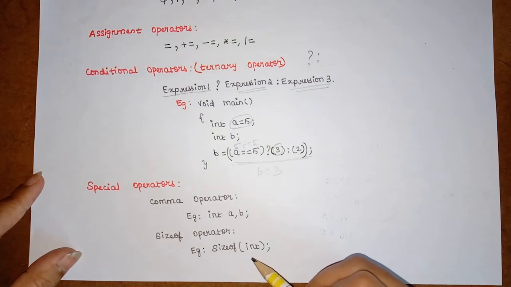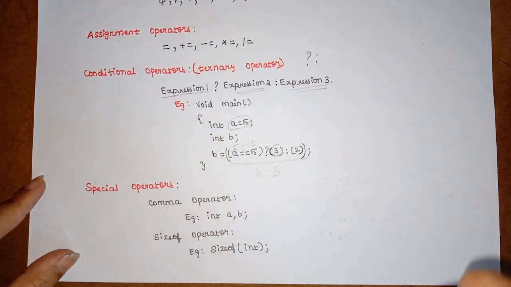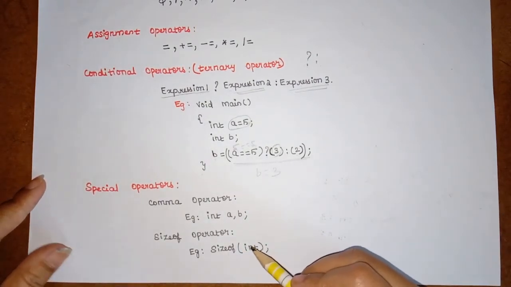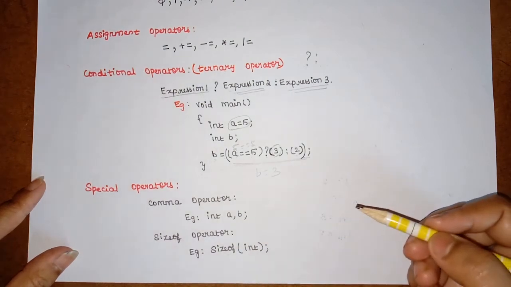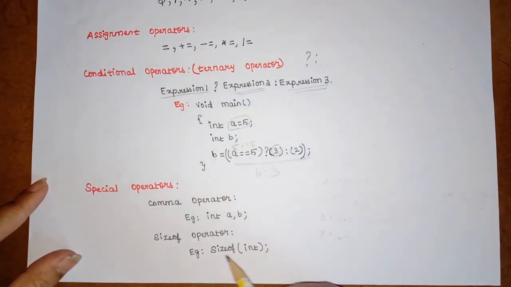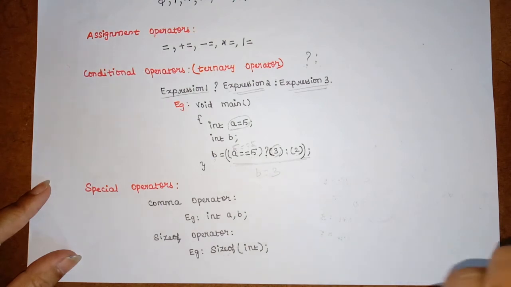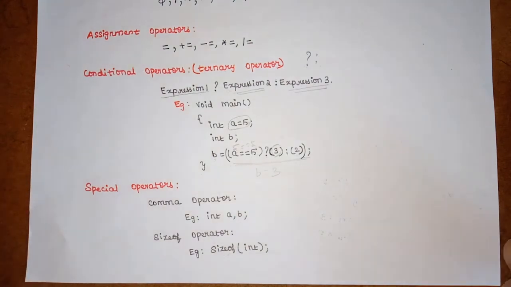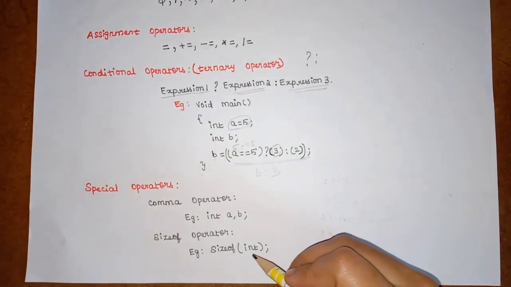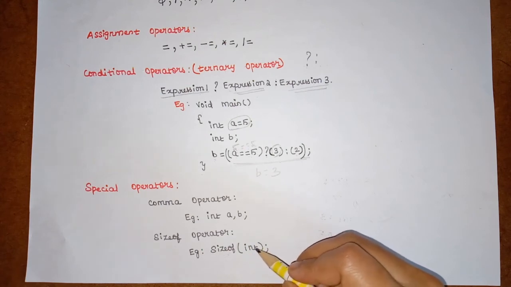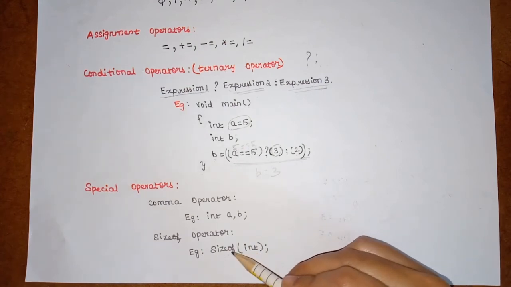The Sizeof operator is used to get the size of a variable or the size of a data type. This is the format: Sizeof, and within the brackets we can give whichever term we want to find the size of. For example, if you want to find the size of the integer data type, I just give sizeof int.